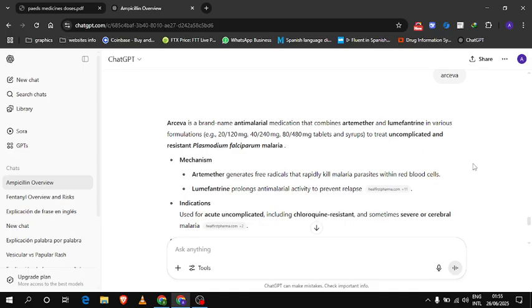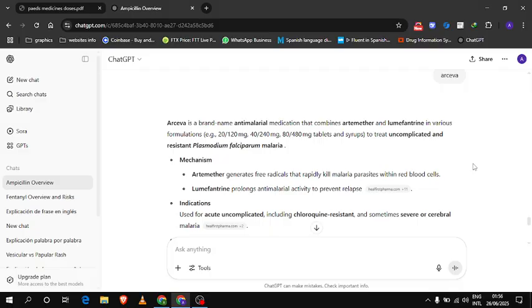Mechanism: artemether generates free radicals that rapidly kill malaria parasites within red blood cells. Lumefantrine prolongs antimalarial activity to prevent relapse. So it prevents it from happening again, and artemether kills the malaria by producing oxygen radicals that kill the parasite.